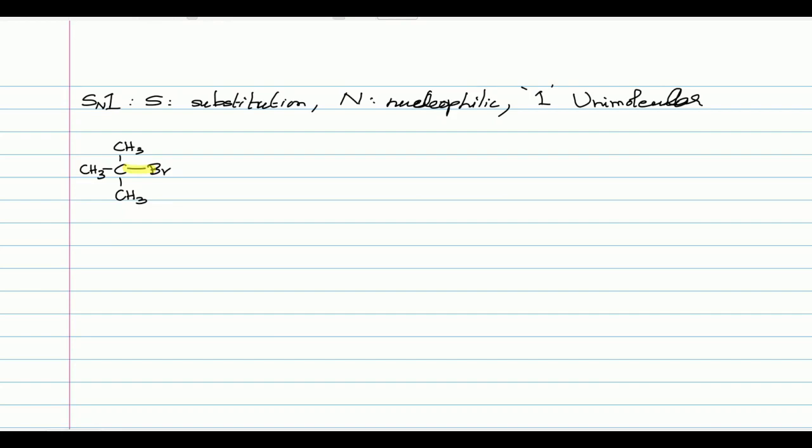When it breaks, the halogen takes with it the bonded pair of electrons. And this is a very slow step. What this gives you is a tertiary carbocation, and the halide leaves as Br minus.